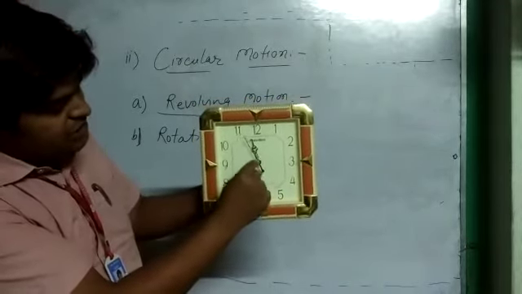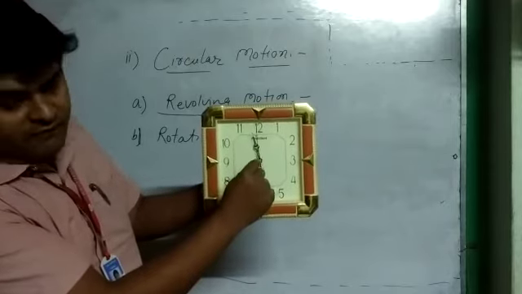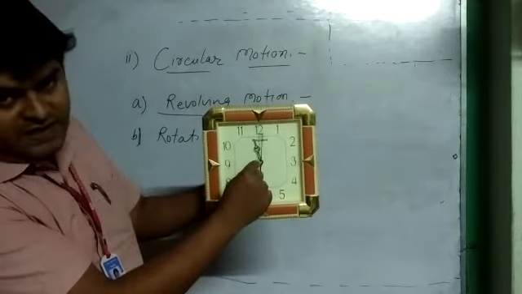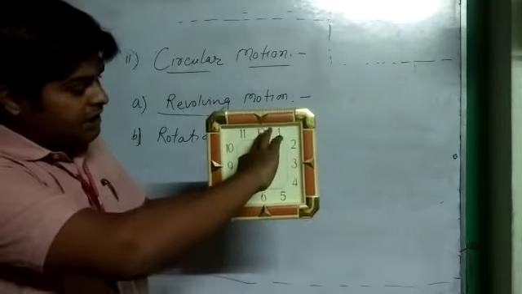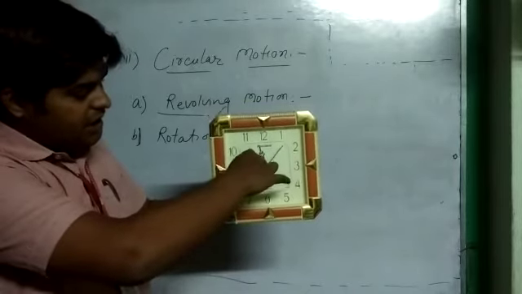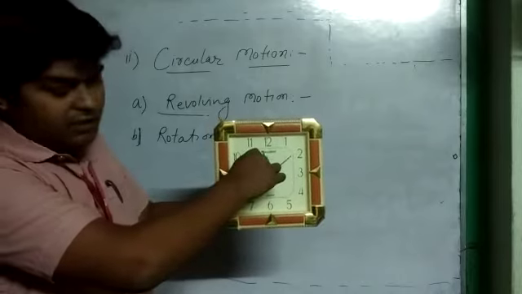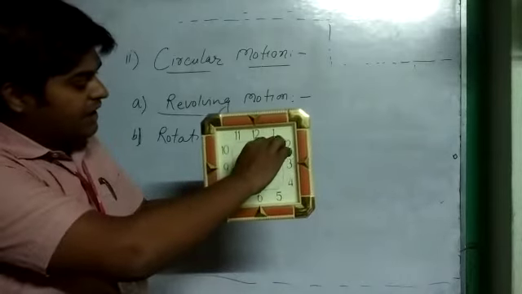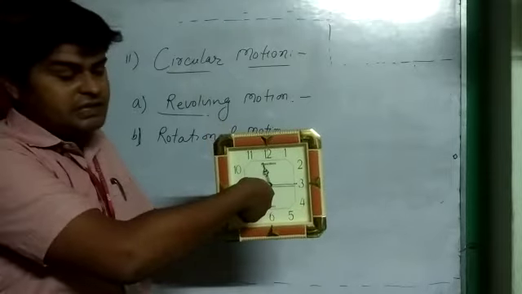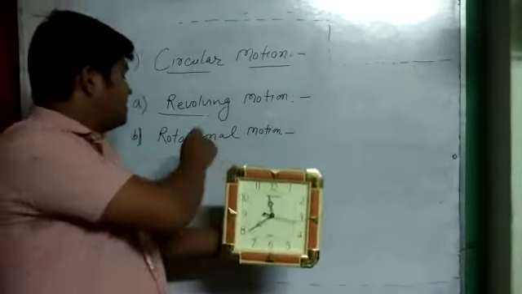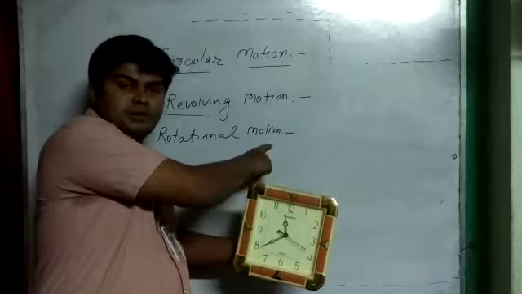It does not change its position from the fixed point, but it continuously rotates. The second hand or minute hand continuously rotates in a circular path. So this is an example of rotational motion.